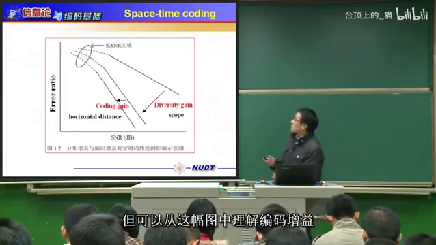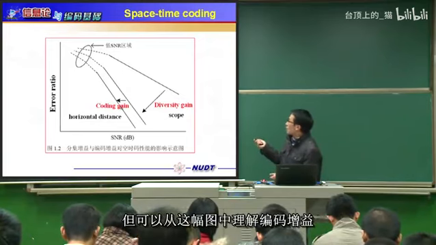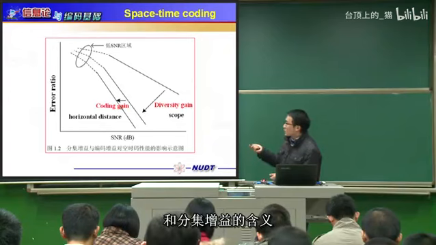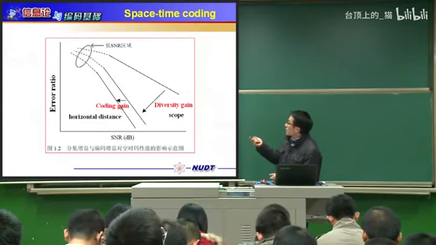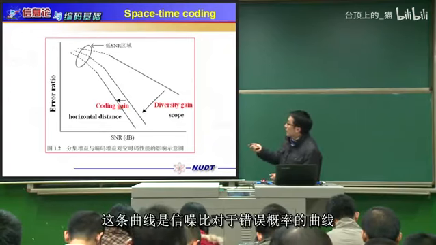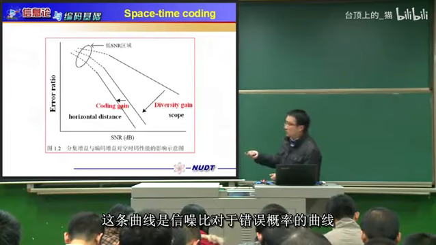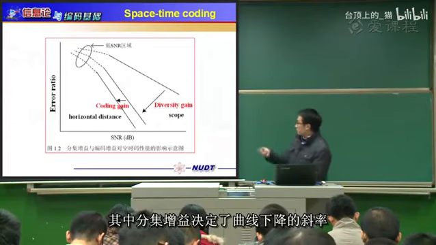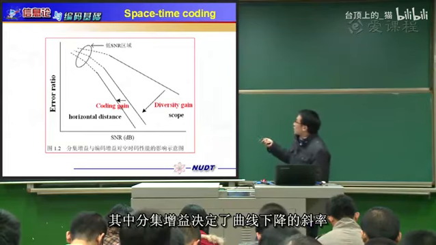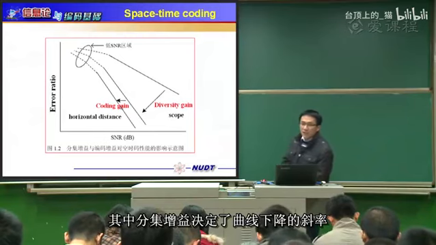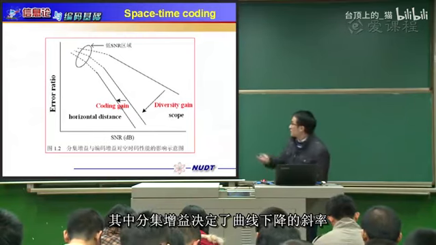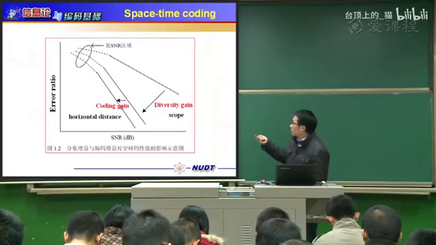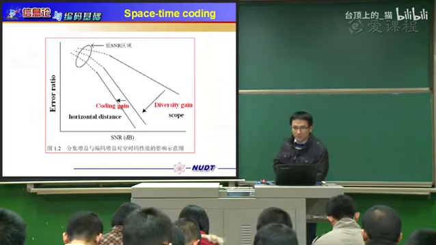We can explain the coding gain and the diversity gain from this picture. This curve is an error ratio curve over SNR. We can see the diversity gain can be denoted by the slope of the curve.